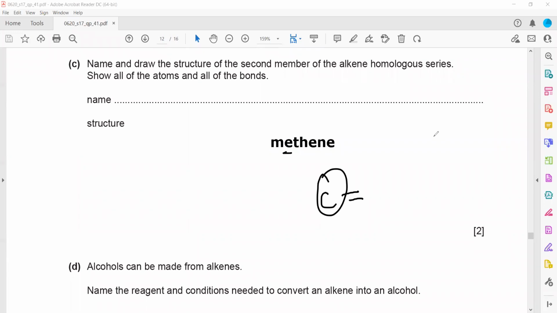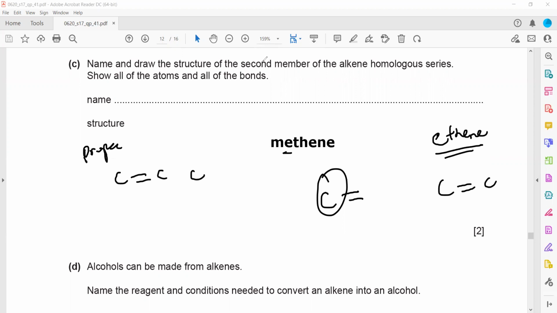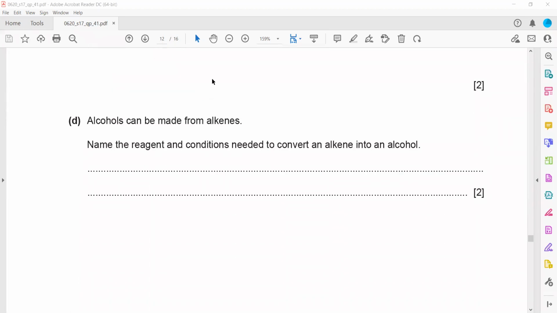That's why the first member of alkene is ethene, with 2 carbons and a double bond. The second member will be propene, with 3 carbon atoms and a double bond. Alkane starts with methane, ethane, propane, butane, but alkene does not start with methane. There is always ethene as the first member.